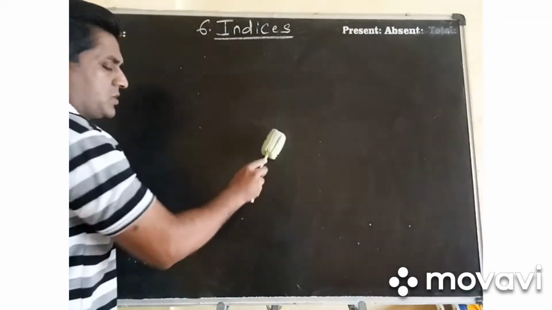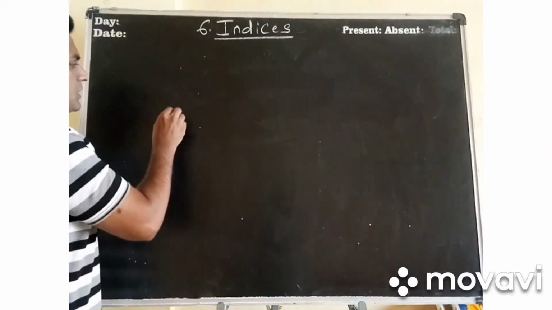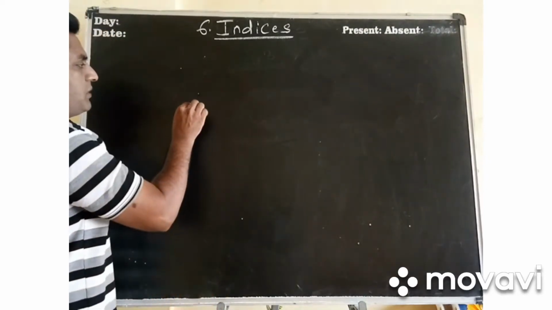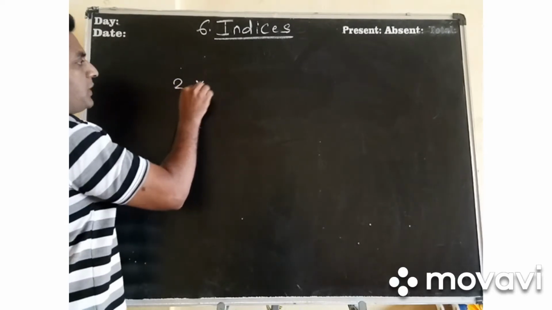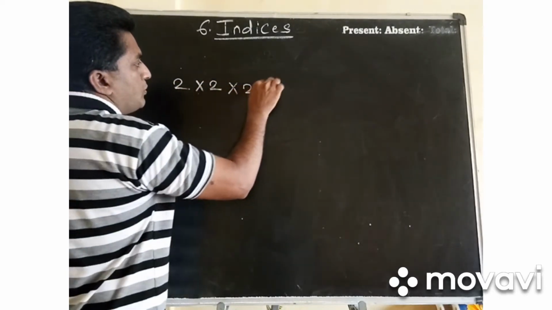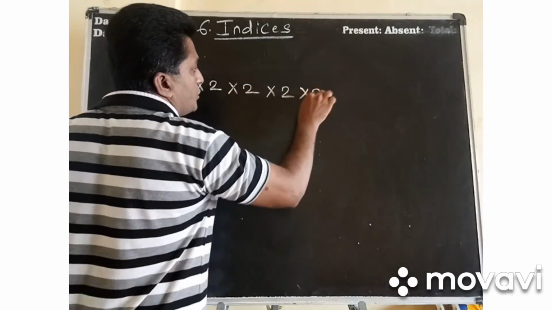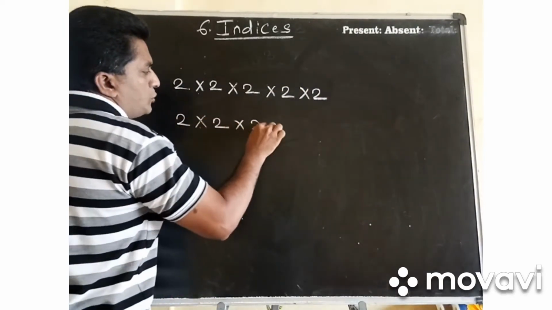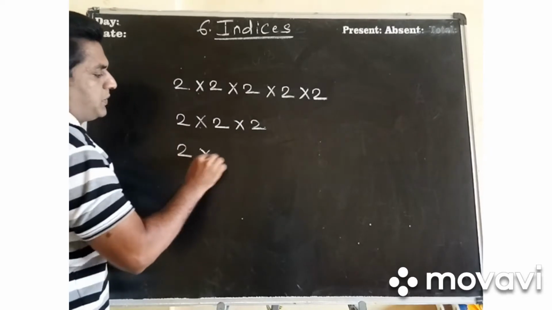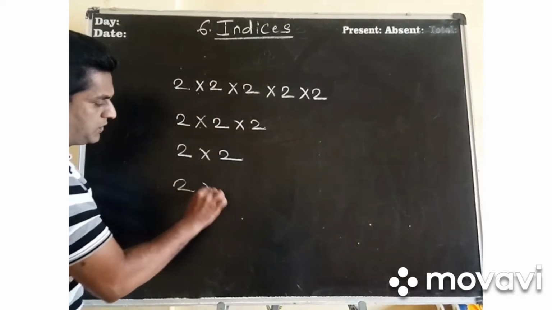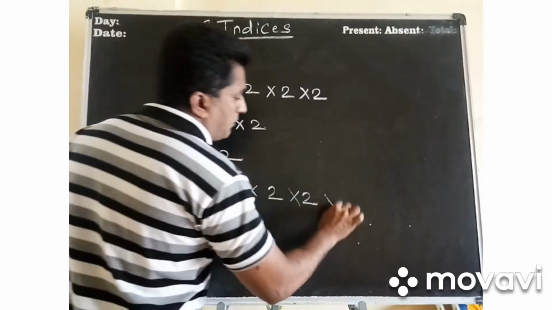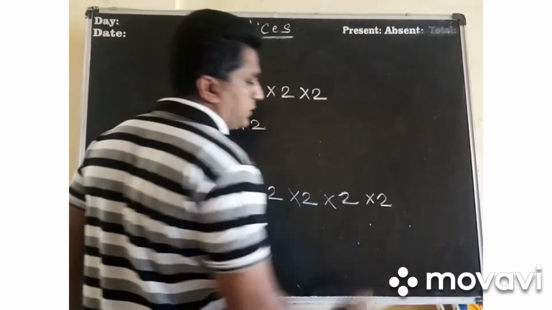Normally, see students, if I am writing the same number repeatedly when they are multiplied with each other, for example 2 multiplied by 2 multiplied by 2 multiplied by 2 multiplied by 2, 2 multiplied by 2 multiplied by 2, 2 multiplied by 2, and 2 multiplied by 2 multiplied by 2 multiplied by 2 multiplied by 2 and again multiplied by 2.